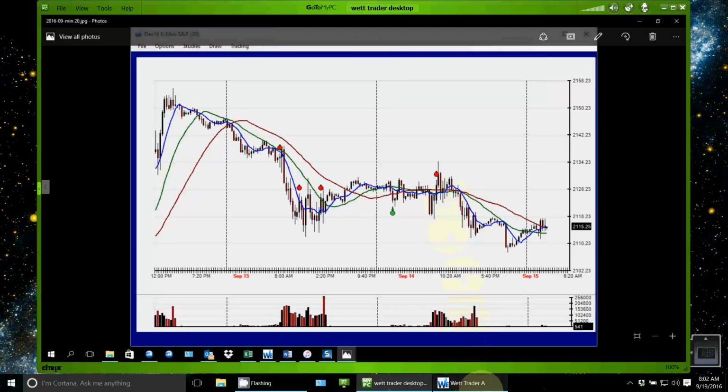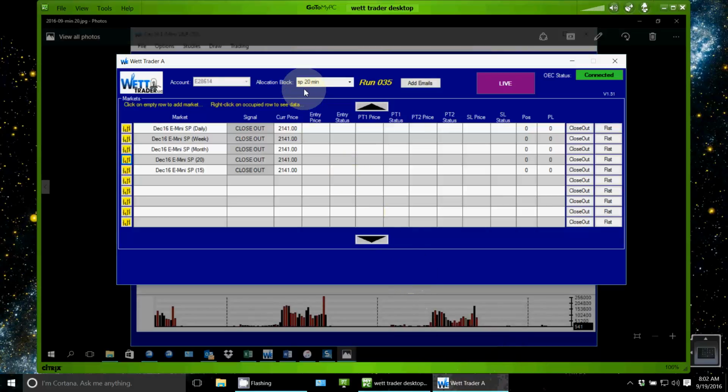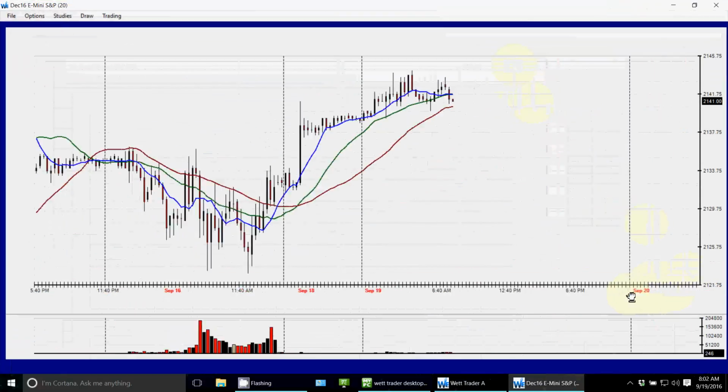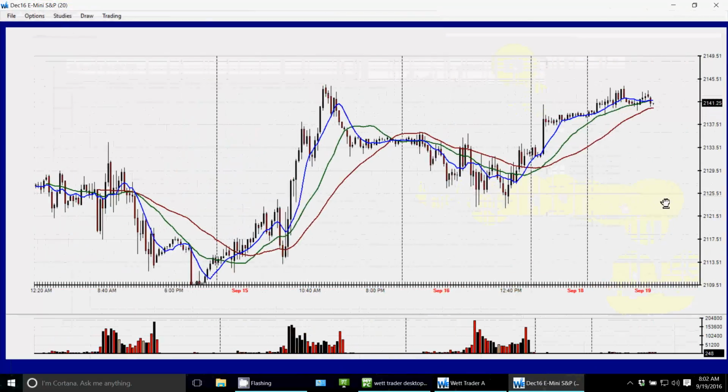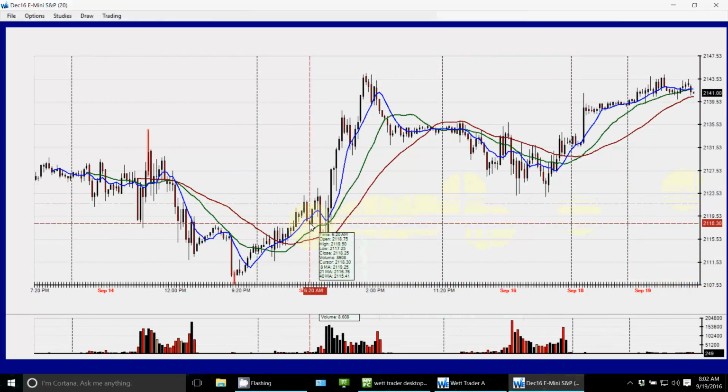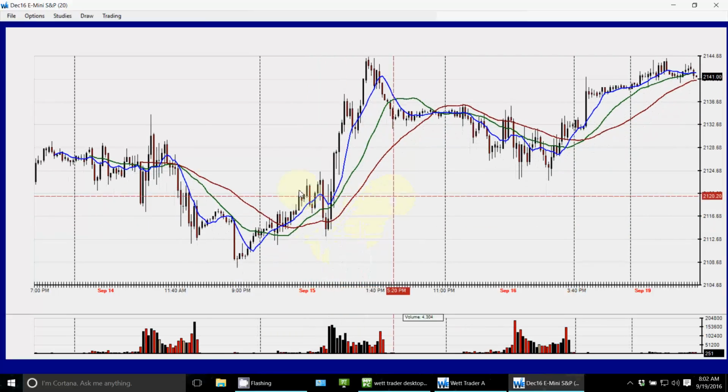Now, how do you want to be able to spot low risk, higher probability trades? Well, folks, the software comes with a full functioning interactive chart. The software here tells you where the swing highs and swing lows are, based on higher highs and higher lows.